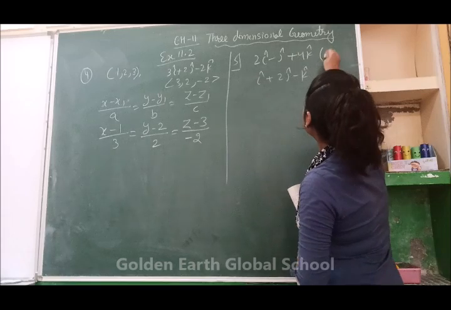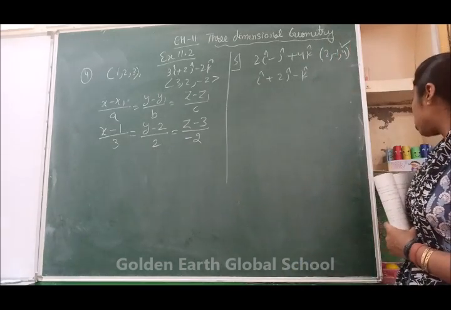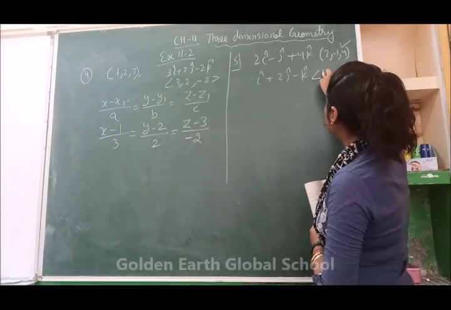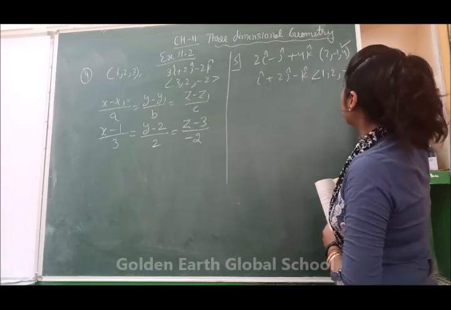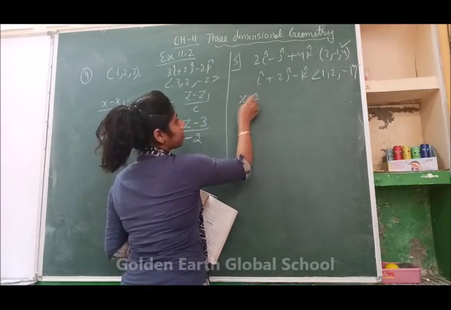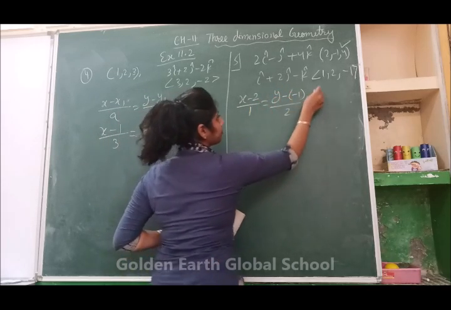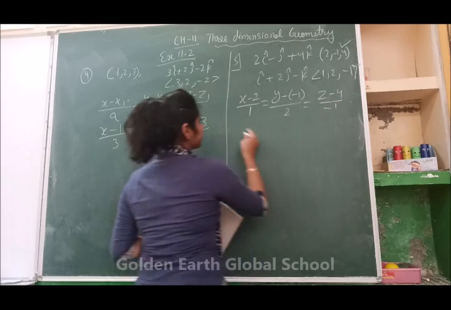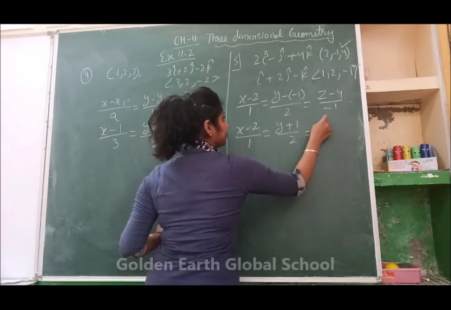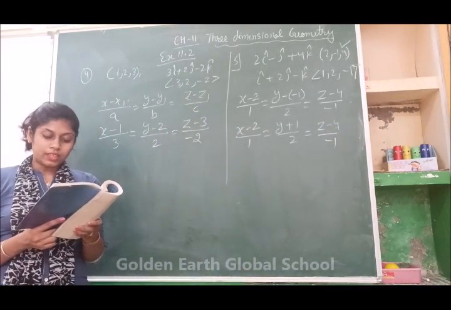First of all, what will be the point? 2, minus 1, 4. So this is the passing point. And what are the direction ratios? 1, 2, minus 1. Firstly, make the Cartesian form. Cartesian form should be x minus 2 upon 1, y minus 1 upon 2, z minus 4 upon minus 1. This is the Cartesian form of the line.